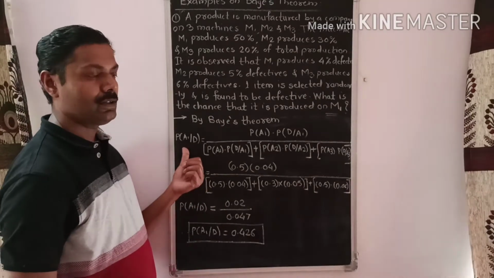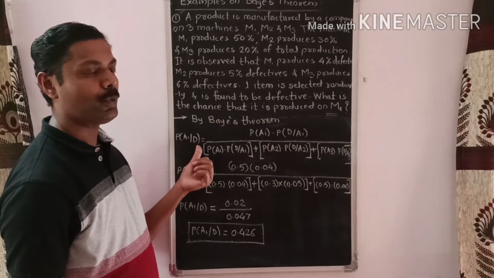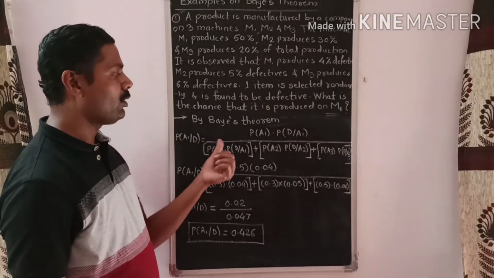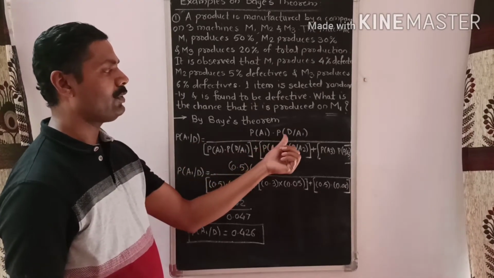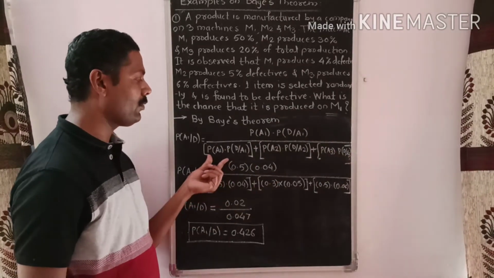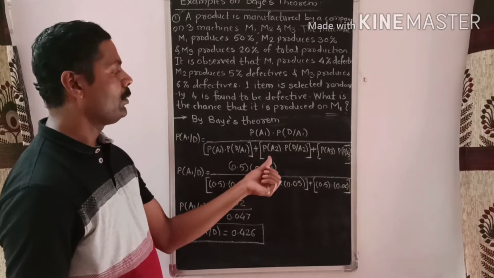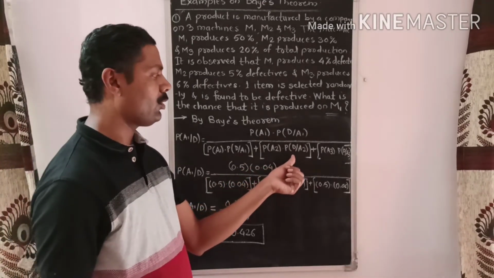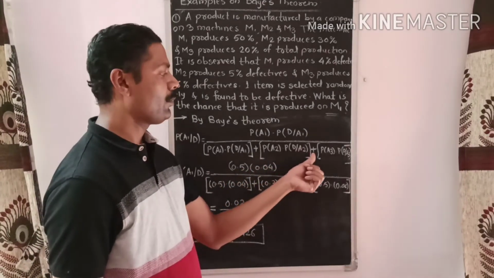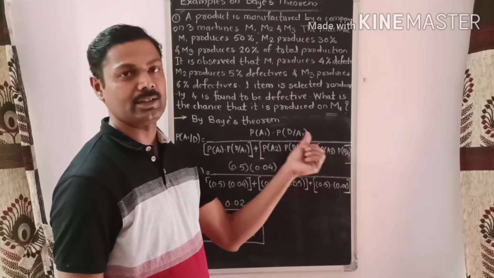That's why we have to use the formula: P of A1 upon D is equal to P of A1 into P of D upon A1, whole divided by P of A1 into P of D upon A1 plus P of A2 into P of D upon A2 plus P of A3 into P of D upon A3.